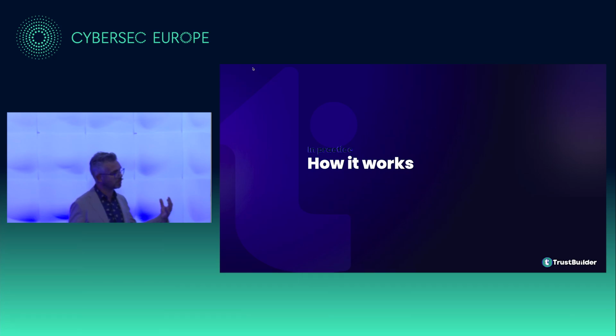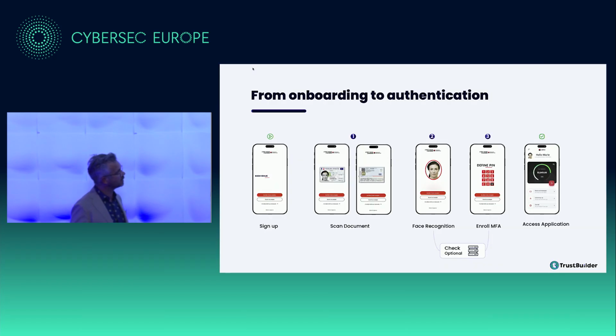So how does that work? If you would integrate both our solutions, the document verification, including the MFA, it's a pretty straightforward process. On a mobile application, the user will just go to your application and sign up. He needs to scan the document, take a picture, like he's probably used to.